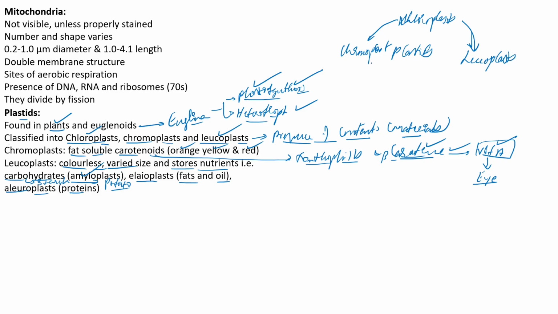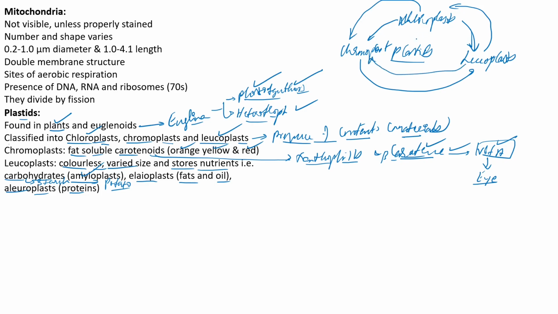Remember one thing: during the developmental stage of the plants, you find all three types of plastids, that is chloroplast, leucoplast and chromoplast. However, depending upon the requirement, the chromoplast can be converted into leucoplasts, the leucoplasts can be converted into chloroplasts, and again chloroplast can be converted into the chromoplast, and similarly leucoplasts can be converted again into what?